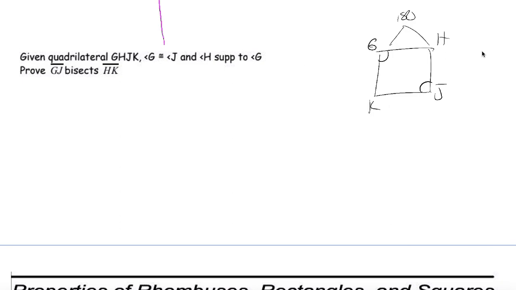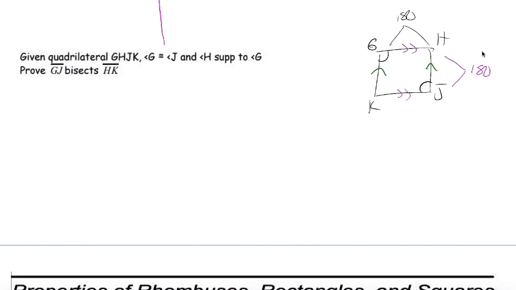So since they told us that G and H are supplementary, that allows me to know that these are parallel lines. And since G and J are congruent to each other, then we can use the congruent supplements theorem to figure out that H and J would also be adding to 180, and therefore GH and KJ would also be parallel to each other. So that's going to be my goal.